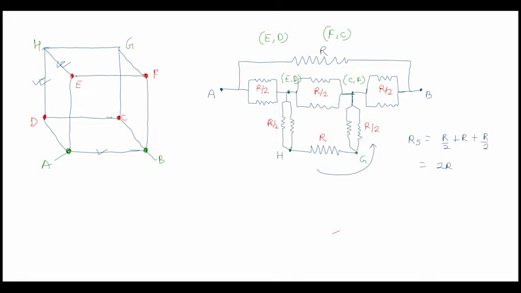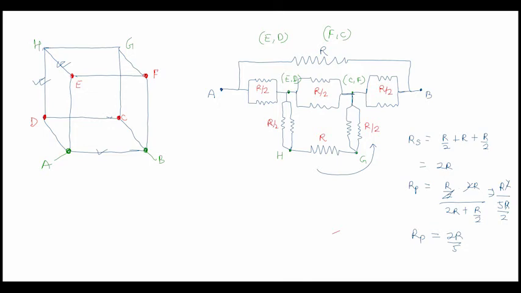And the parallel value between R by 2 and 2R is going to be R by 2 into 2R upon 2R plus R by 2. So we get R square upon 5R by 2, that is 2R by 5. This is the parallel resistance between ED and CF.